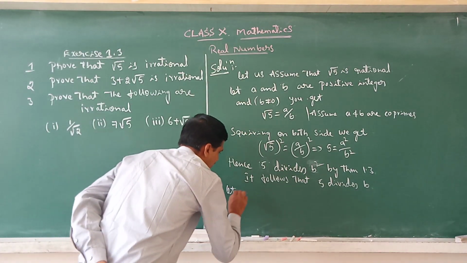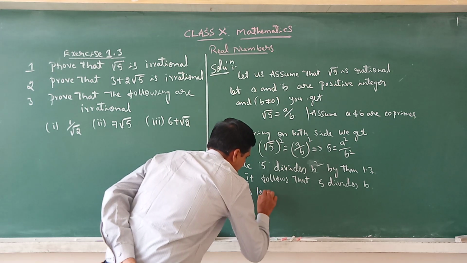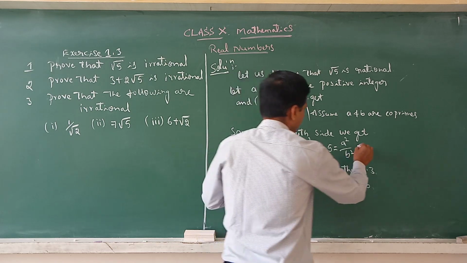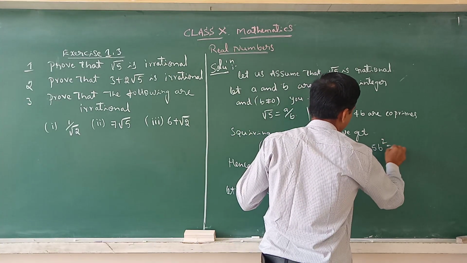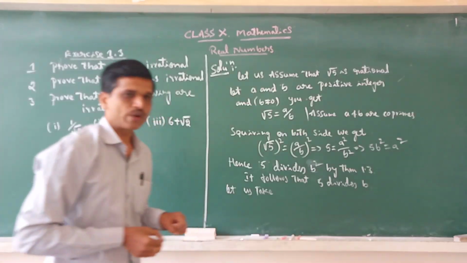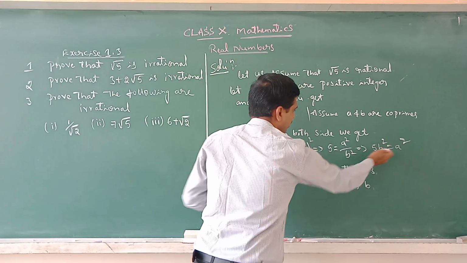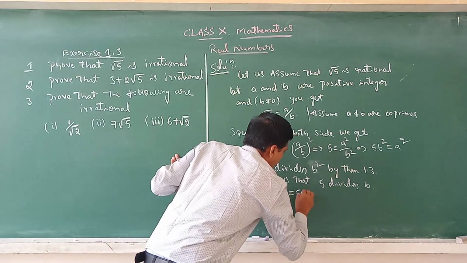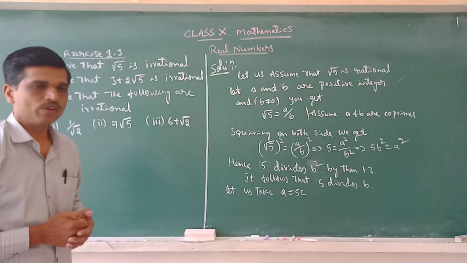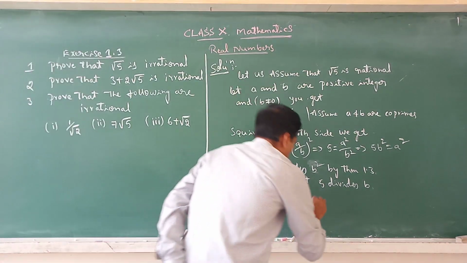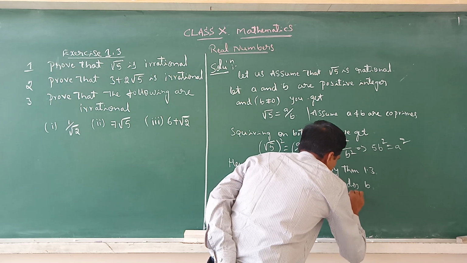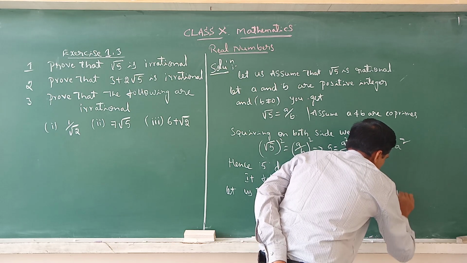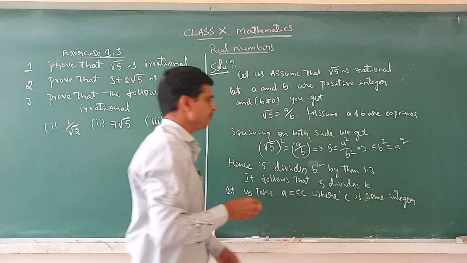Now let us take this one. This implies that 5 b square is equal to a square. Further substitution: let us take a is equal to 5c, where c is some integer.